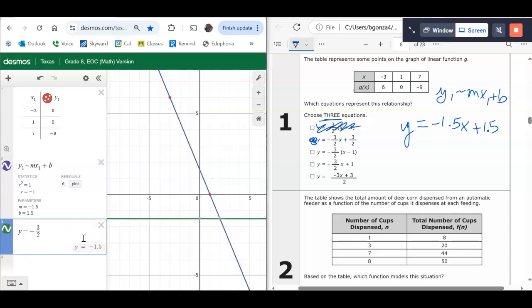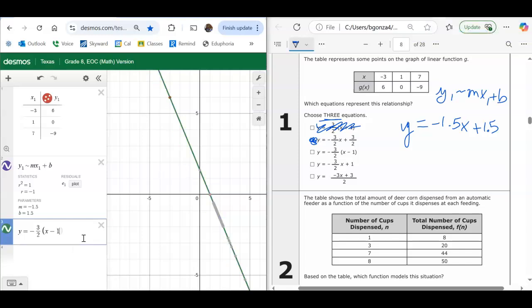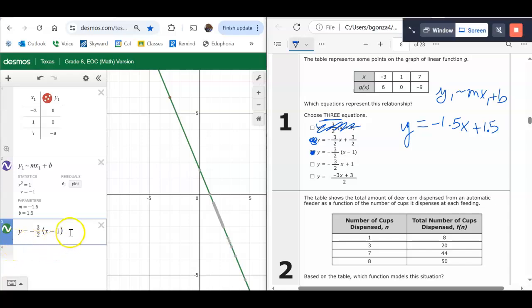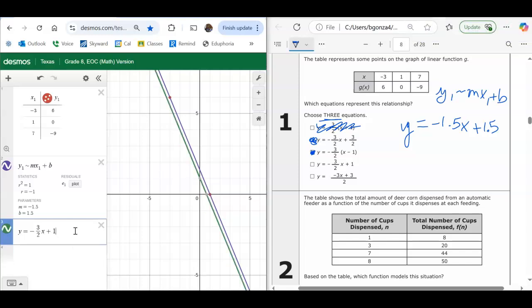Well, what about the next one? Negative 3 over 2 parentheses x minus 1. Does that one look correct? It does. Looks like one line, right? And then negative 3 over 2 x plus 1. You can see how they're close, but there's a little gap between them, so it can't be this one.